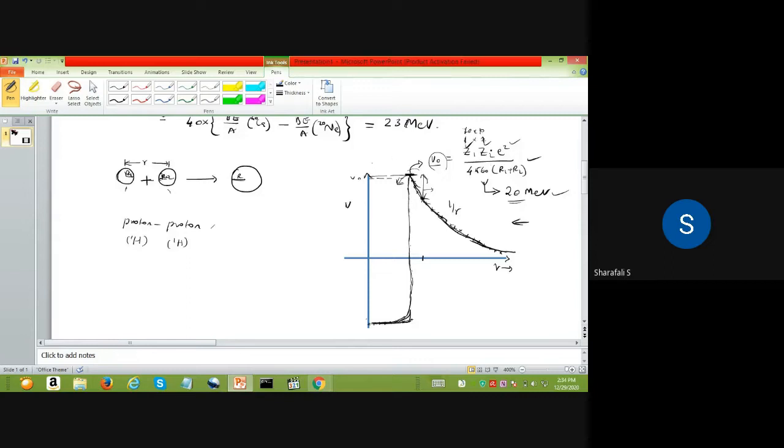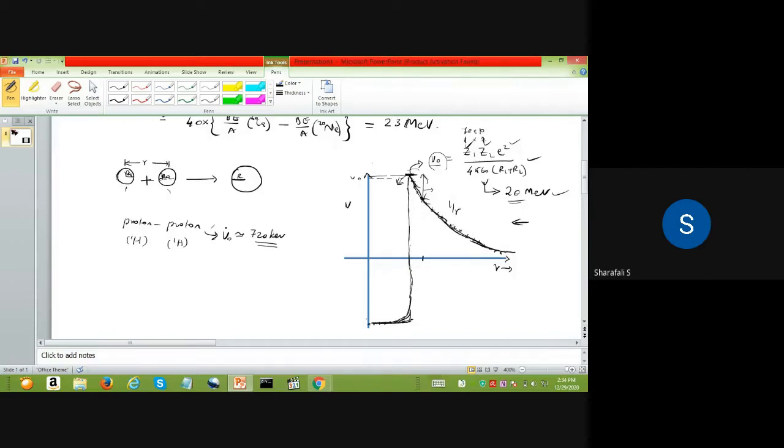Because Z1 and Z2 are very small, your V0 will be small. For this particular case, V0 will be in the kilo electron volt range. If you calculate this, it will be somewhere around 720 kilo electron volt or something in that range.